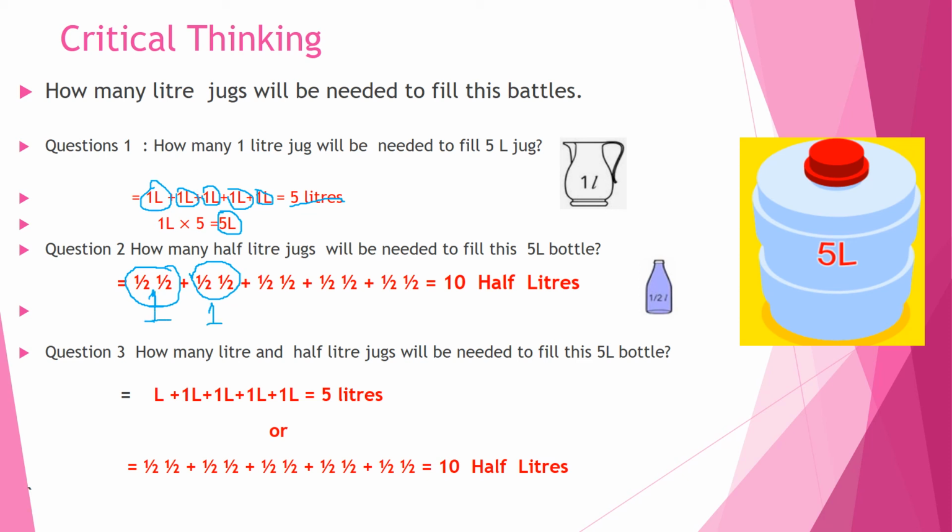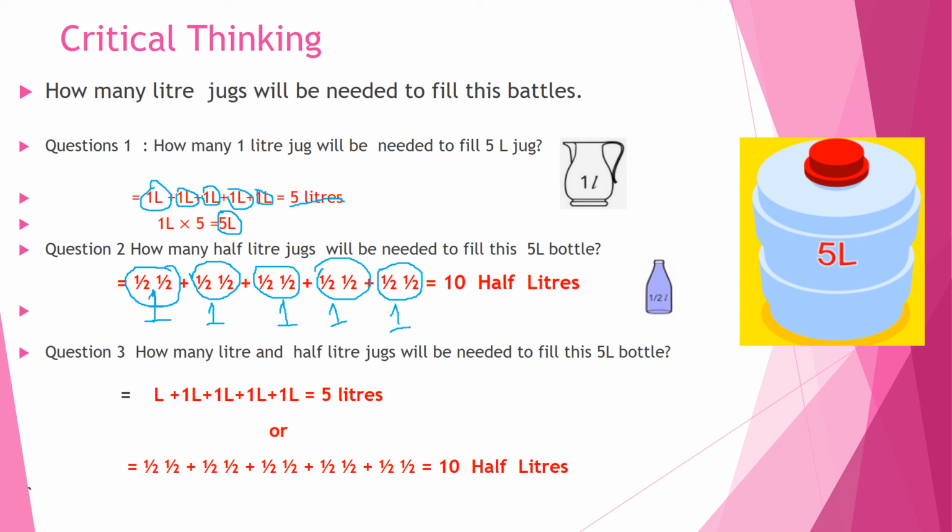Another half plus half will give us another 1 liter. Another half plus half will give us another 1 liter. And then another half plus half will give us 1 liter.